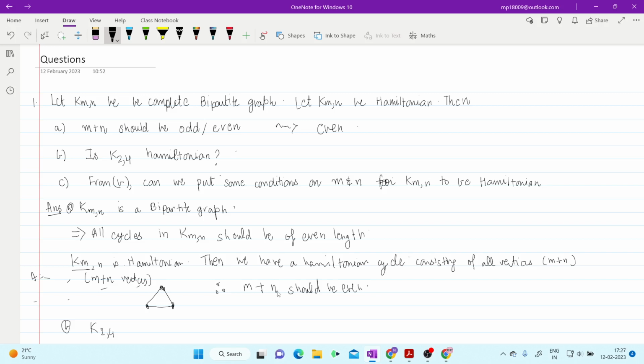Since Kmn is Hamiltonian, we have a Hamiltonian cycle consisting of all these m plus n vertices, and a cycle of k vertices is of length k. Therefore, in this Kmn we have a cycle of length m plus n. But since the graph is bipartite, all cycles should have even length. Therefore, m plus n should be even. Now is this clear? Clear, ma'am. Thank you, ma'am. Okay.